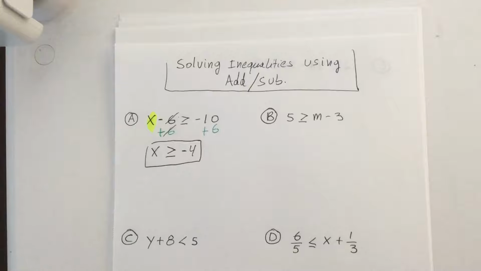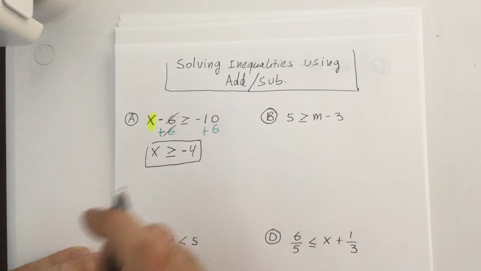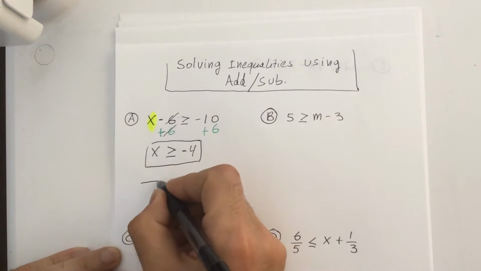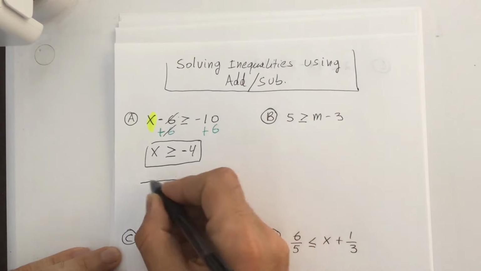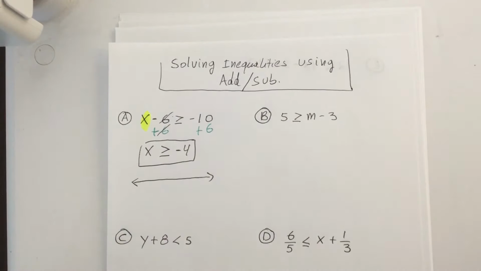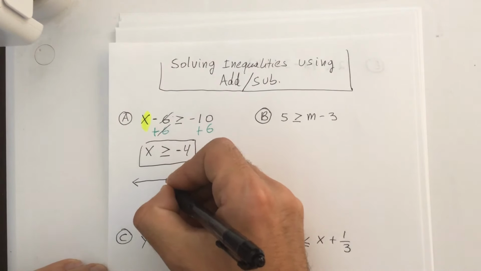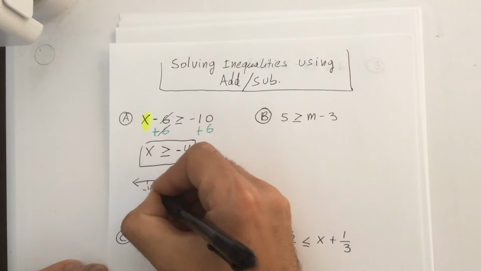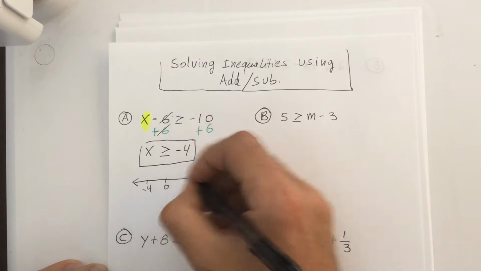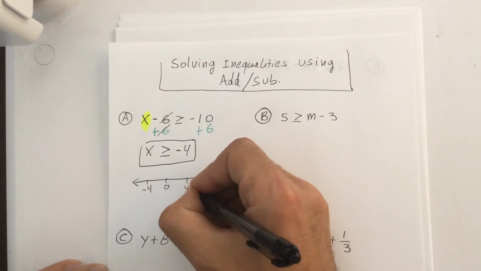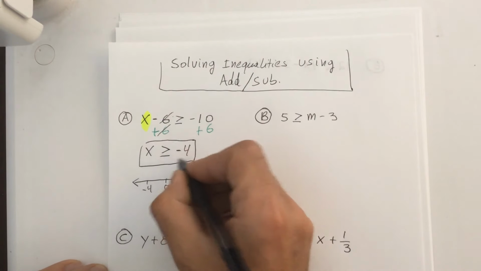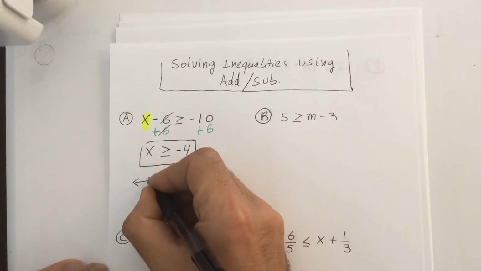So how do we represent this in a graph? Well, we're going to represent this on the number line. It's telling you that the answer for this inequality is all the numbers that are equal or greater than negative 4. So if you have 0 here, and over here a negative 4, this tells you that negative 4 is part of the answer, so it's going to be a filled-in circle.